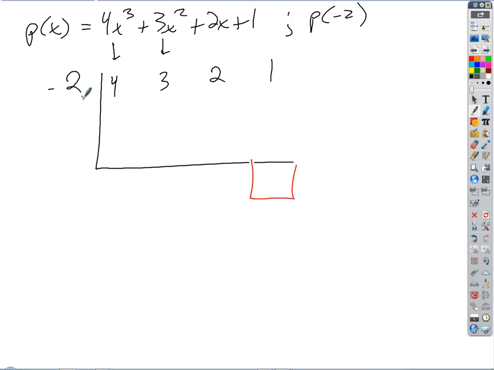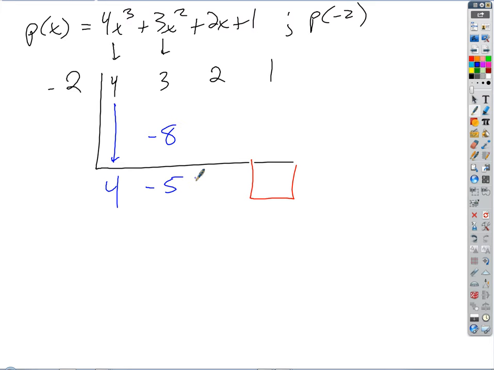To do this nested evaluation process, it's really simple with this synthetic bracket. All you do is the first number, you just drop straight down. Every time a number pops down below the bracket, you multiply by the constant out front. So negative 2 times 4 is negative 8, and you add vertically. 3 plus negative 8 is negative 5.